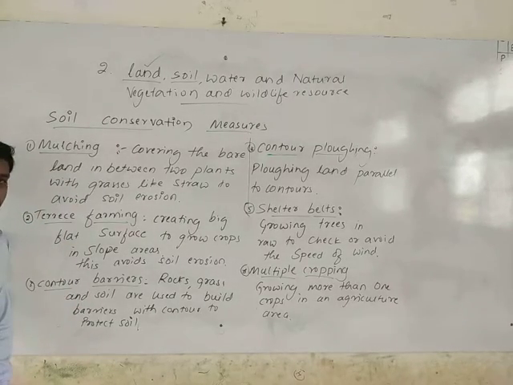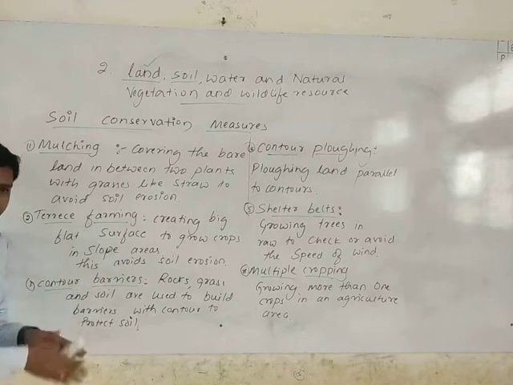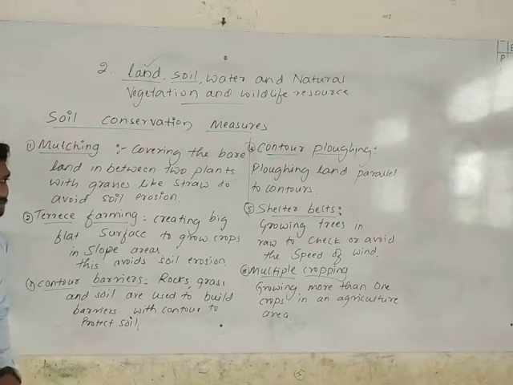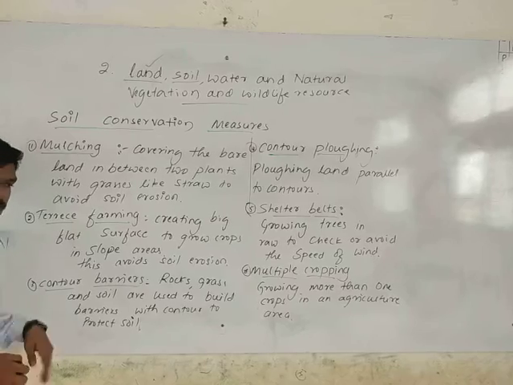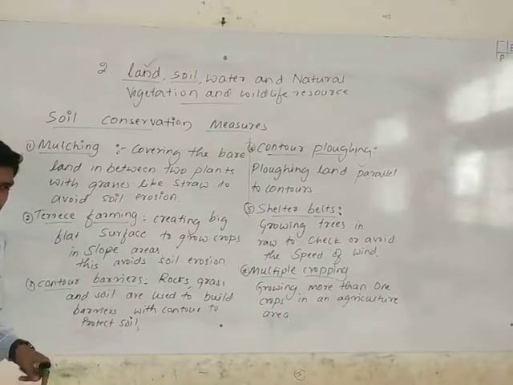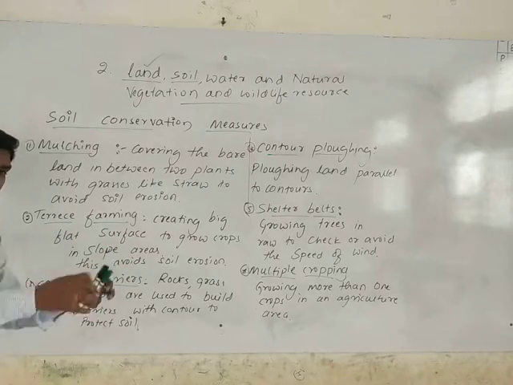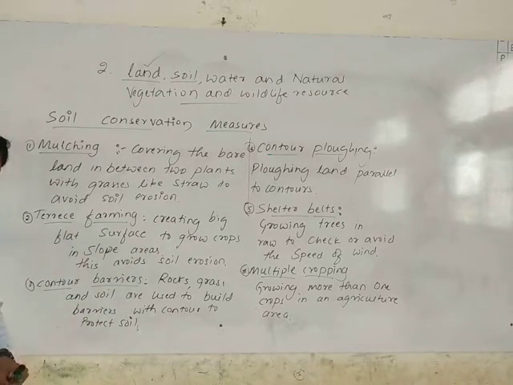Then contour ploughing: ploughing parallel to the slope in sloping areas helps in avoiding soil erosion. Then shelter beds: growing crops in a row, in a border of the agriculture land. Growing crops in every border, in all 4 borders, will be good.